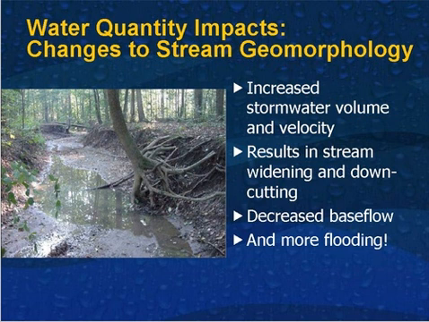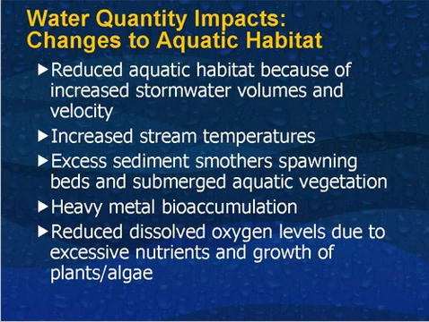Some other things that we see, particularly in the aquatic habitat area, we obviously from the results of all these pollutants and these volumes of stormwater, we're seeing reduced aquatic habitats, both at the macroinvertebrate level, the small critters that you find in the stream beds, but also in fish populations and other reptiles and whatnot that depend on the water for their environment.